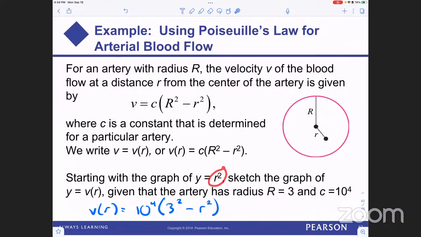Let me think about it. I think we need to rewrite this in the following form. The 10 to the 4 is fine, but I think we need to factor out the negative. So I'm going to rewrite the inside as a negative r squared minus 9.